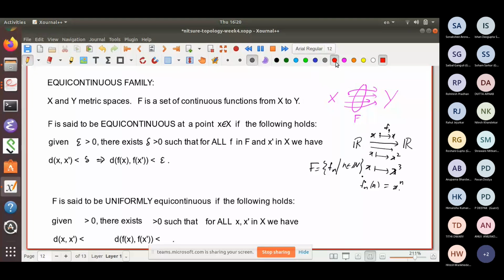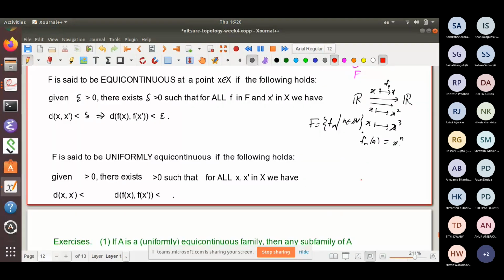So difficult? Draw pictures. One function looks like this, x to the power 0. Next function looks like this. Third function looks like this. Fourth function looks like this. They start rising steeper and steeper, and their derivatives tend to infinity, right? Let's say I take its value at x equal to 10, the derivatives are tending to infinity.